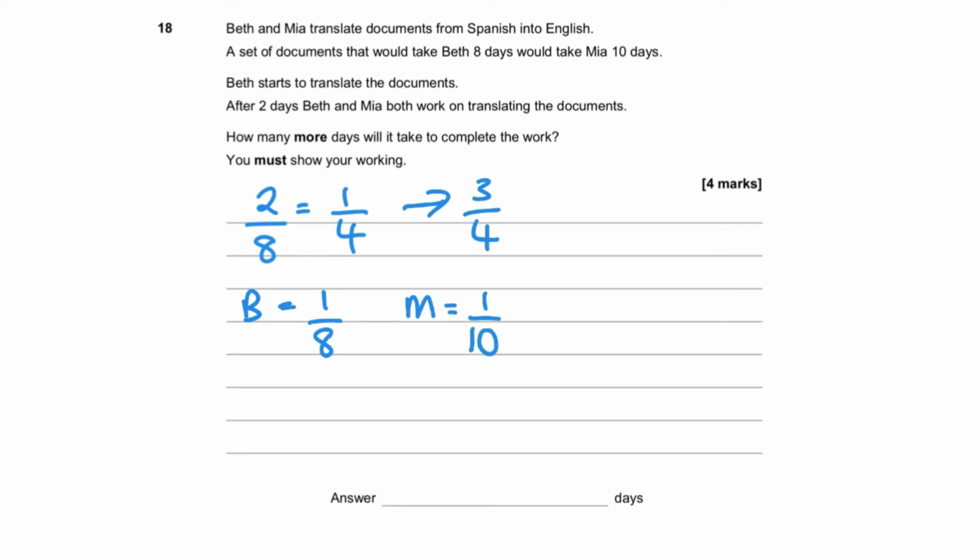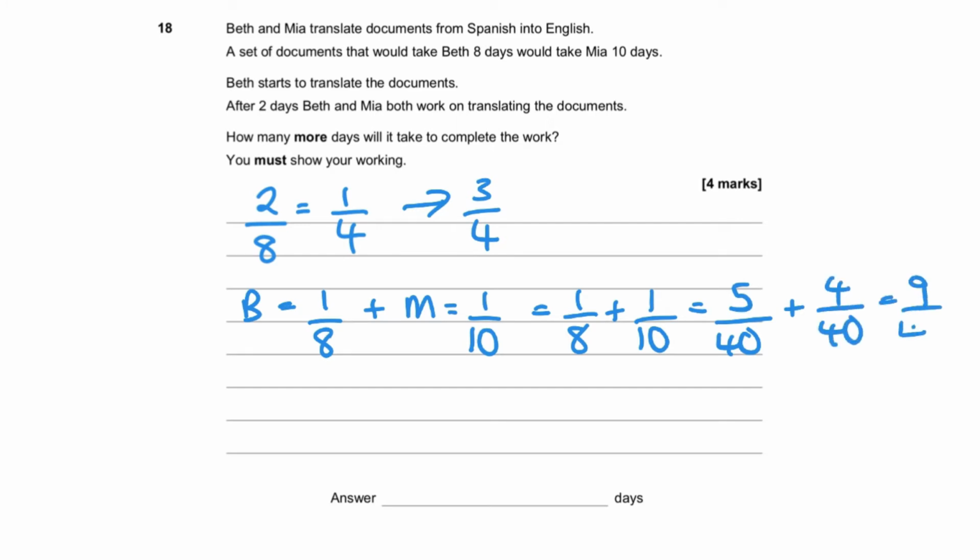So in 1 day, if we add that together, 1/8 plus 1/10 is the amount of work that the girls will do together in 1 day. So to add fractions, if we make the denominators the same, we've got 5/40 plus 4/40 is equal to 9/40. So in 1 day, the girls working together do 9/40 of the project.